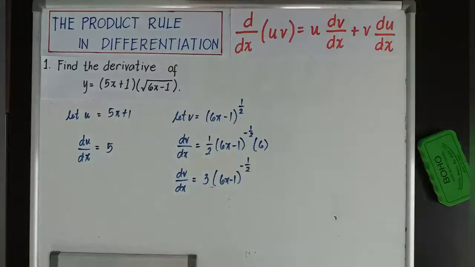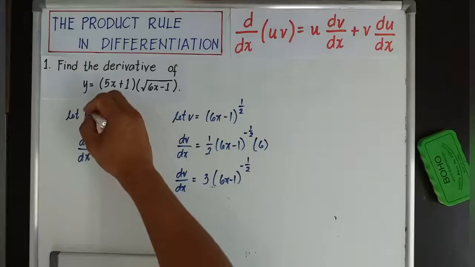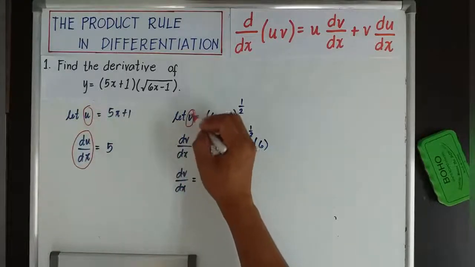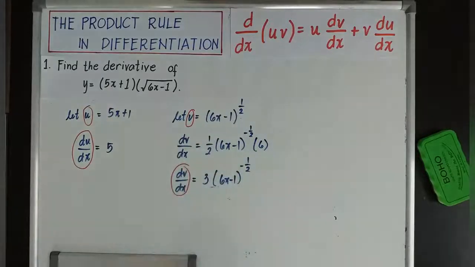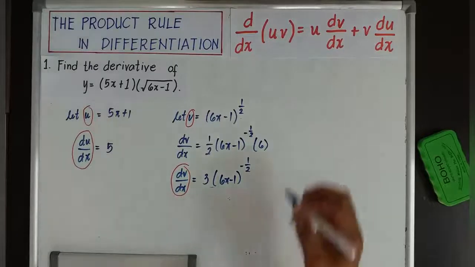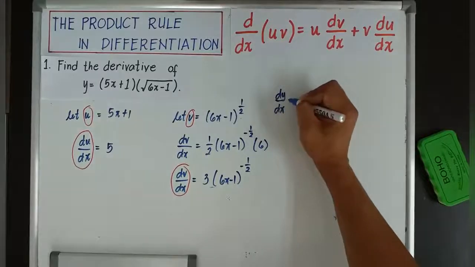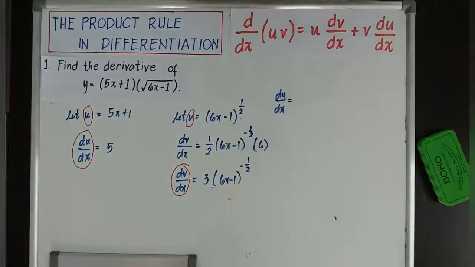Next, how do we now apply the rule? It's basically applying the rule as it is. You know already that this is u, this is du over dx, this is v, this is dv over dx. Those things you just need to put into the formula to find dy over dx. So dy over dx is now equal to, what is u?